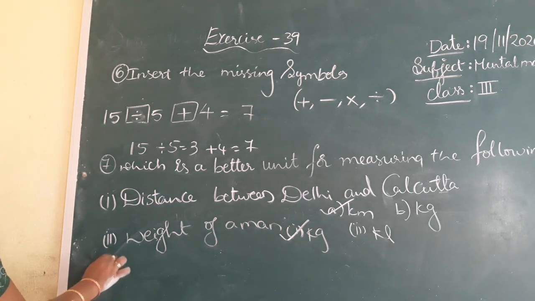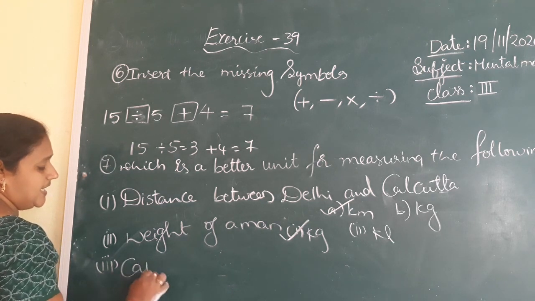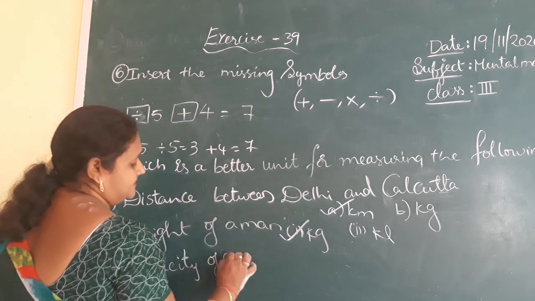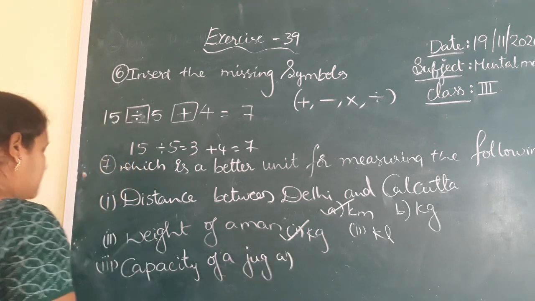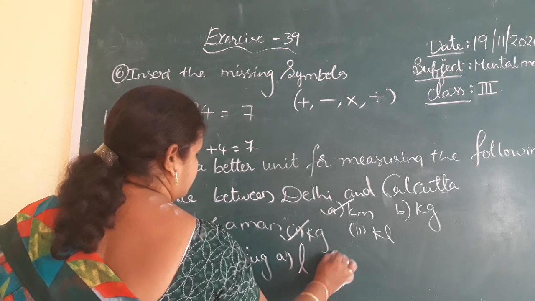See the third question, children. Capacity of a jug. Capacity of a jug is measured in liters or grams?